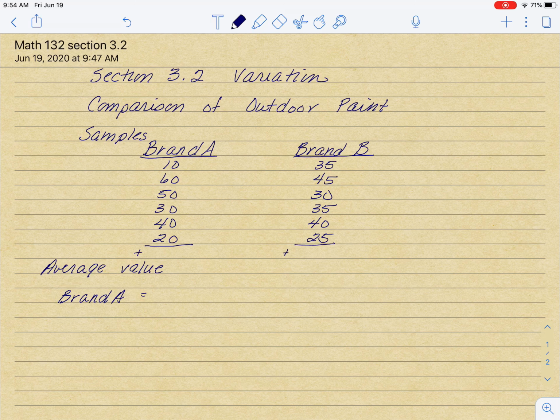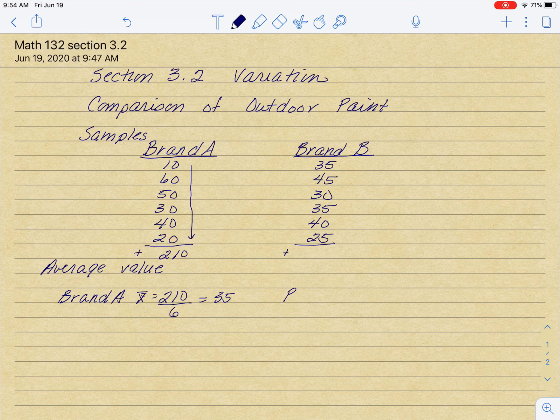And we're going to do the same with brand B. So if you add up brand A, what do you get for the total of these values? I got 210. So brand A's average value, x bar, is equal to 210 divided by 6, which is equal to 35.